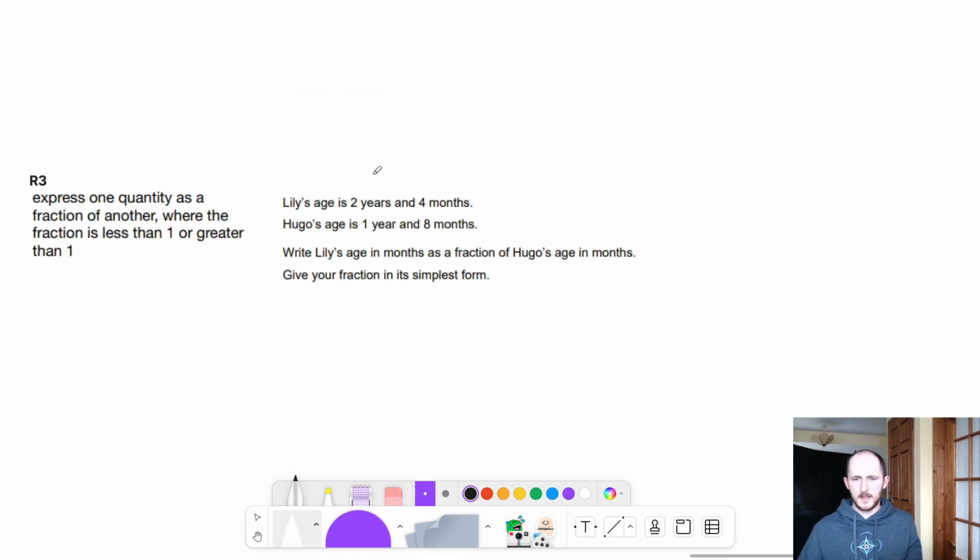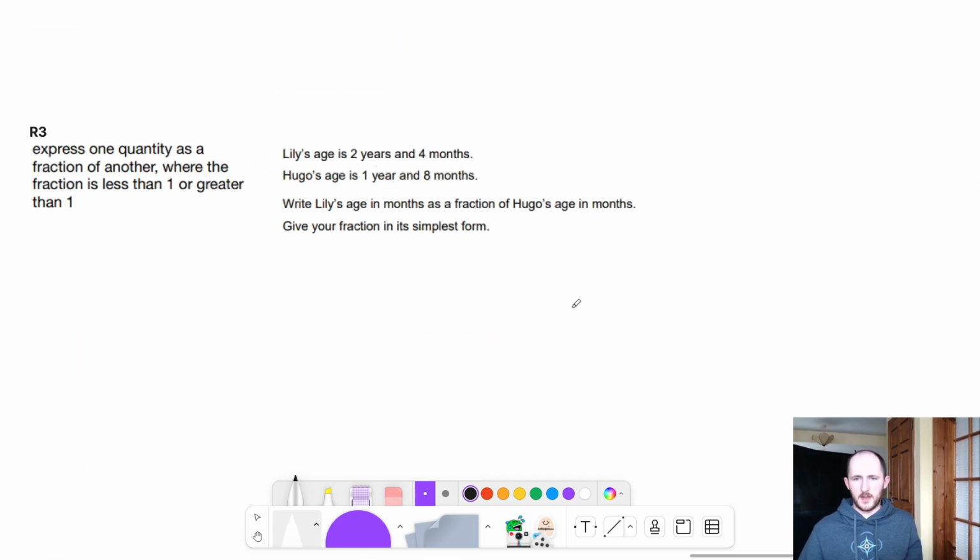Okay? Express one quantity as a fraction of another, where the fraction is less than 1 or greater than 1. So here we've got Lily's age is 2 years and 4 months. Hugo's age is 1 year and 8 months. Give Lily's age in months as a fraction of Hugo's age. So Hugo is, 1 year is 12 months, 12 and 8 months would be 20 months. Lily is 2 years and 4 months, so 2 years is 24 months, plus 4 is 28 months.